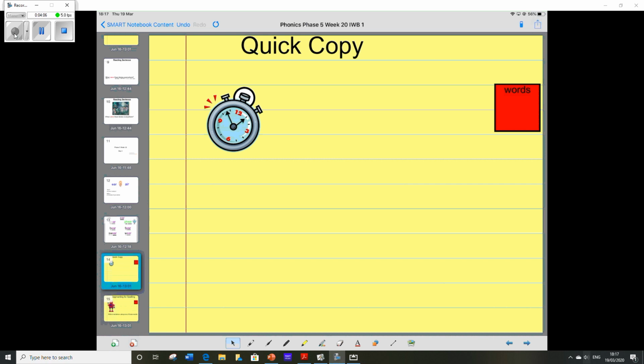Now you need to get your whiteboards out because we're going to have a quick copy. You've only got a few seconds to write each of these words after I write them up on the board. So the first word is pear. The second word is bear.